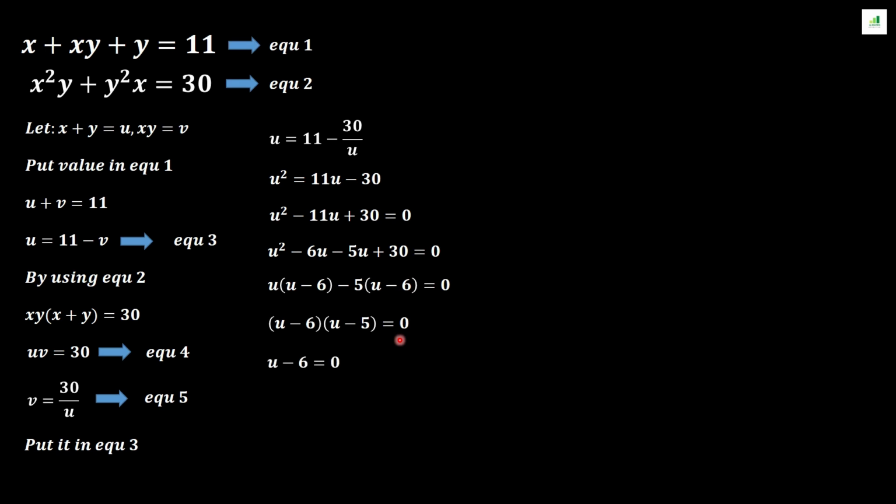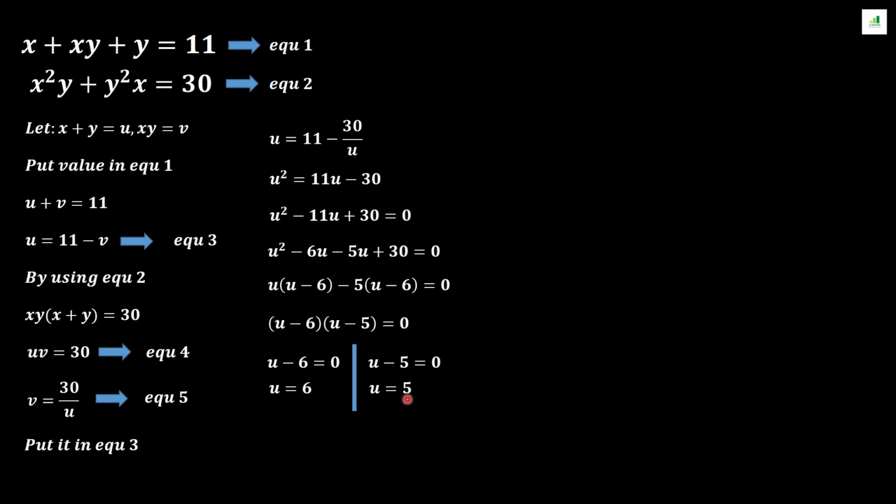Now u minus 6 equals 0 and u minus 5 equals 0. This minus 6 will move to the other side of the equation and we will get u equals 6, and this minus 5 will move to the other side and convert to positive 5. Here we get two values for u. First u equals 6 and second u equals 5.